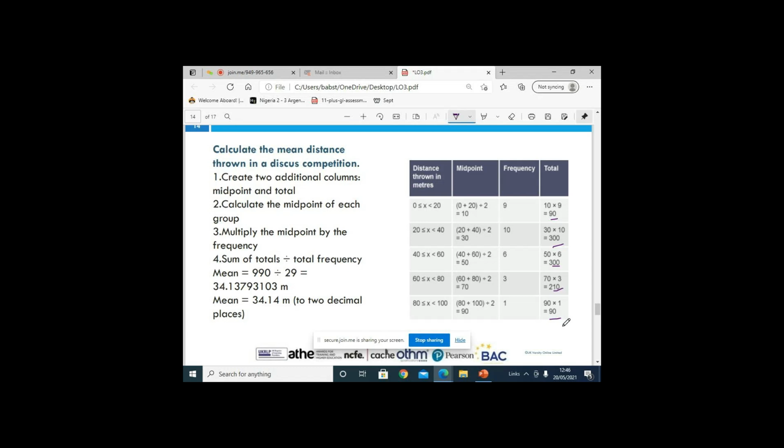990. Yeah, 990. Now divide by the frequency. The frequency is 29.